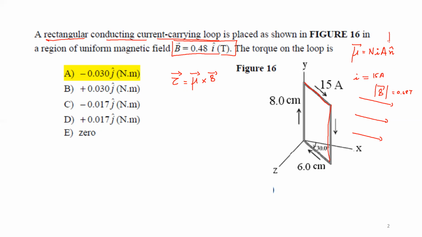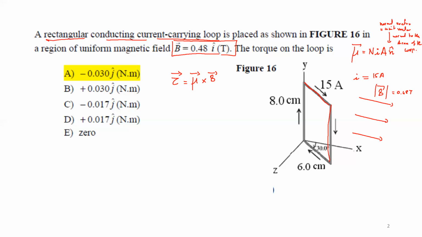As we said, this is a normal vector. Of course, the normal vector is a unit vector, that's why I put n hat. It's a unit vector normal to the area of the loop. Now, there are two ways to be normal: normal inward or normal outward.